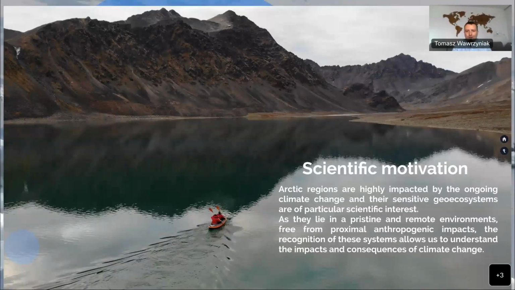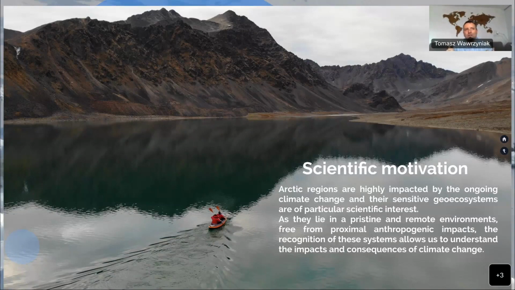What we observe in the Arctic is the ongoing climate change that has a huge impact on Arctic regions. And these are very sensitive geoecosystems, and they lie far away from the direct anthropogenic impact. So this is a pristine environment that is far away from civilization, but it's also influenced by this far distance.